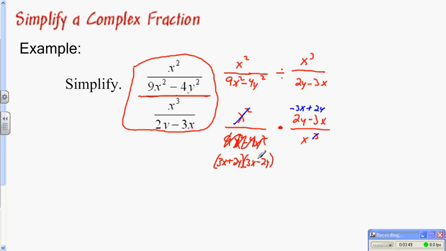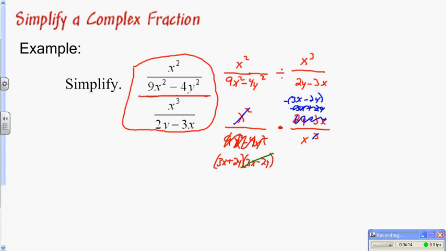And I notice that it's very close to the second one. If I take a negative 1 out, I'd get 3x minus 2y. So I changed it from this form. I reordered it, and I took a negative out. Now I have something we can cancel.